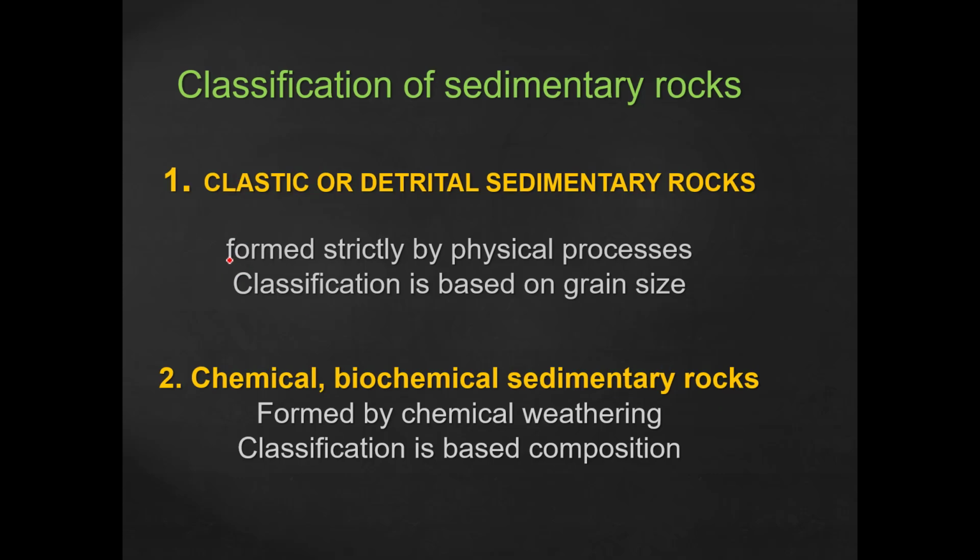The first one, the clastic or detrital sedimentary rocks, form strictly by physical processes, and we classify them by their grain size. The chemical and biochemical sedimentary rocks formed by chemical weathering, and the end product is that the original rocks go into true solution, and then later they will precipitate, and we have no idea about the parent rocks, while the clastic, because of the law of fragments, will tell us the original rock.